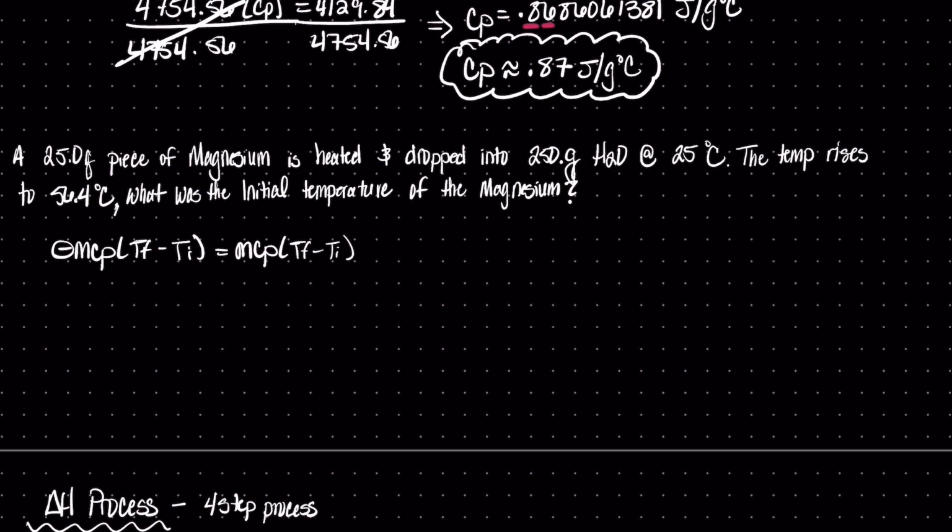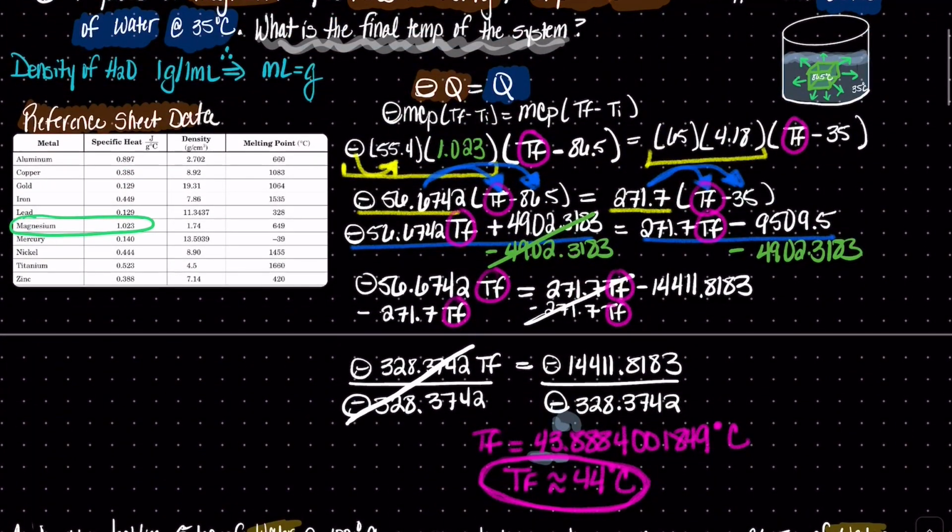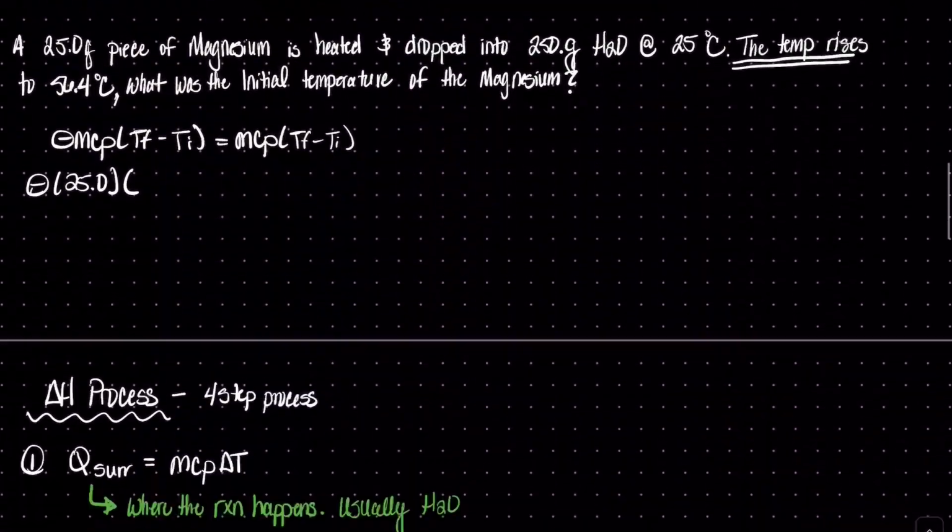So a dumb lot of water is moving because it says the temperature rises to 56.4 degrees centigrade. That's a lot. So my magnesium here is that negative, and I'm gonna slide back up and recall my reference sheet information for the specific heat of magnesium.